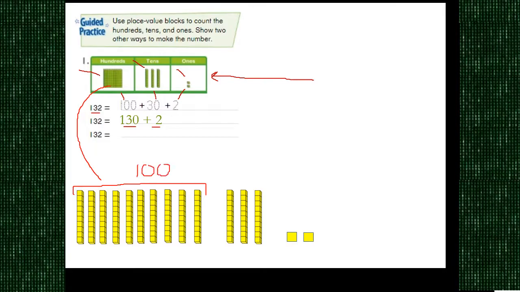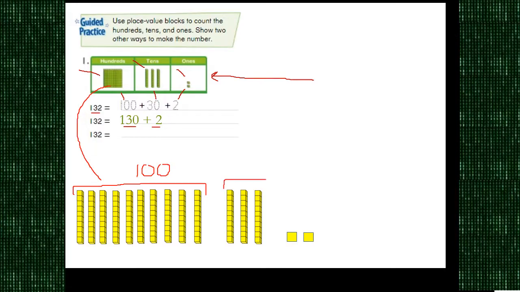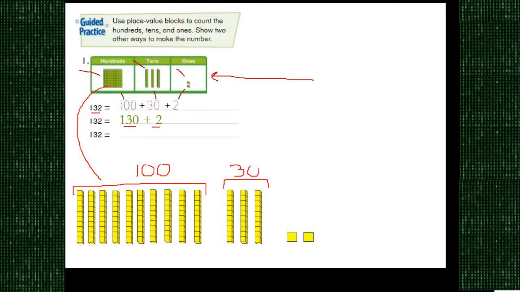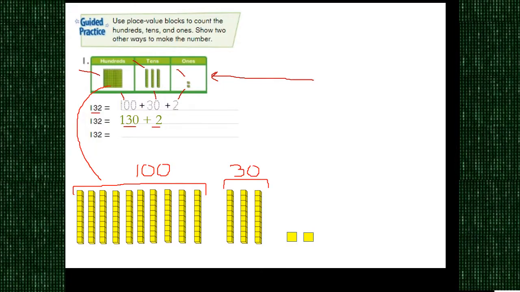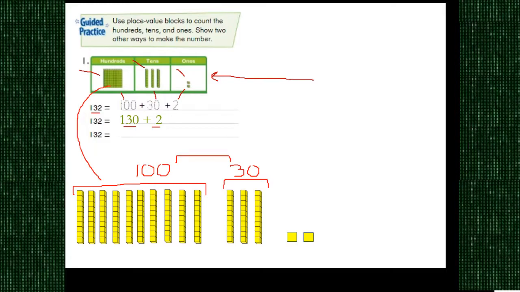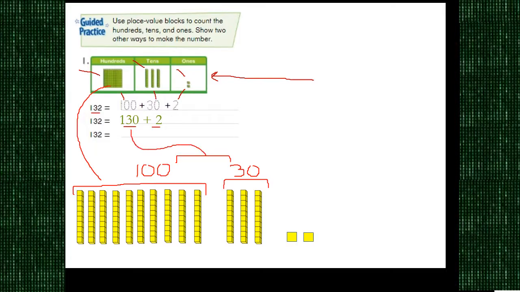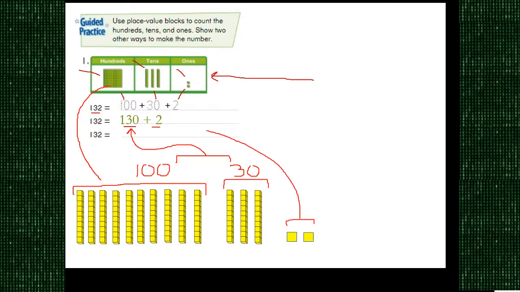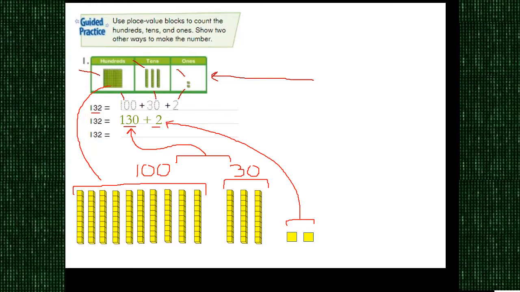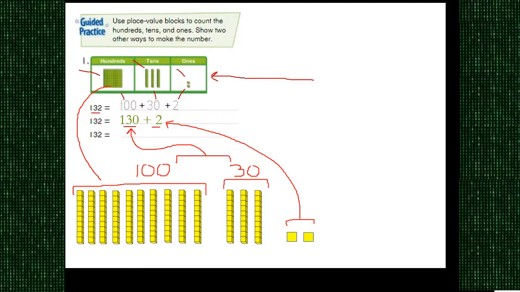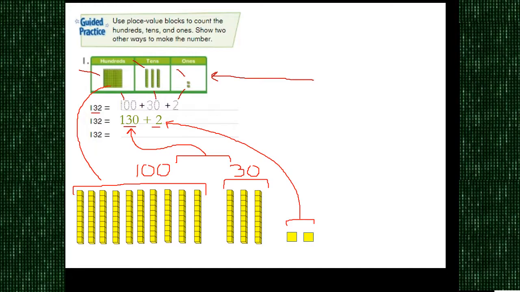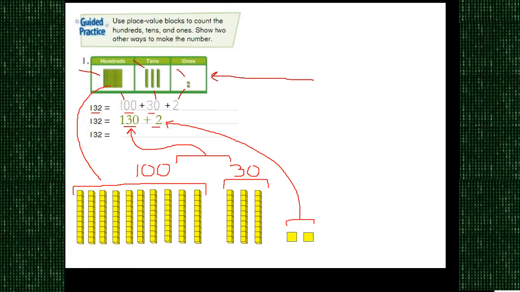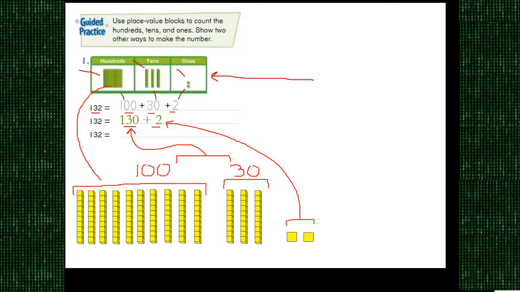And 100 plus 30 is 130. So we have no hundreds blocks, but if we add up our tens rods, we have 130. And we still have these ones down here, so there's our 2. So 130 plus 2 equals 132. And if you look at the original equation, 100 plus 30 plus 2, they equal the same thing.